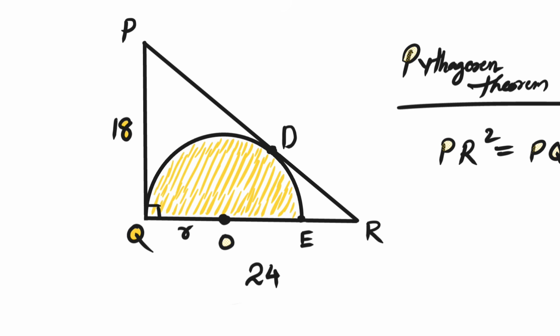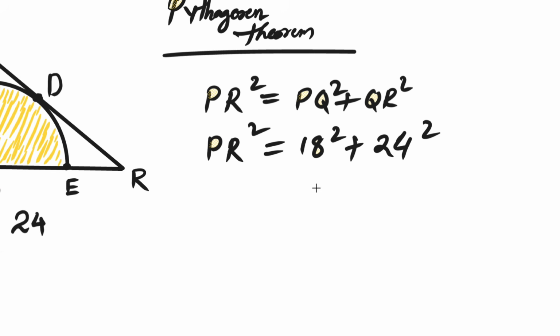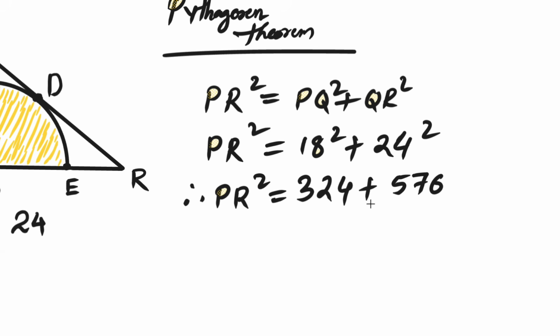Now substitute the values we know. PR squared equals 18 squared plus 24 squared. 18 squared is 324, and 24 squared is 576. Therefore, PR squared equals 324 plus 576.